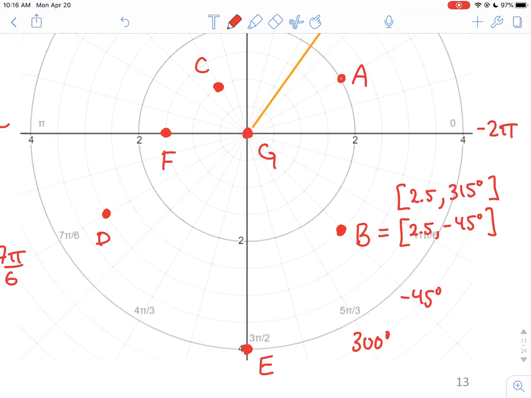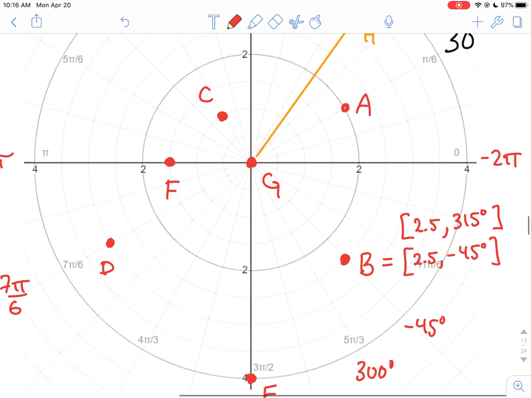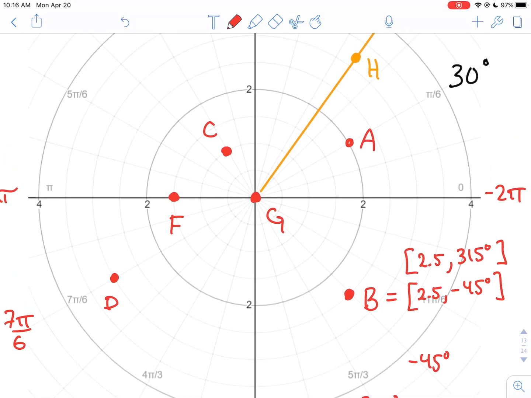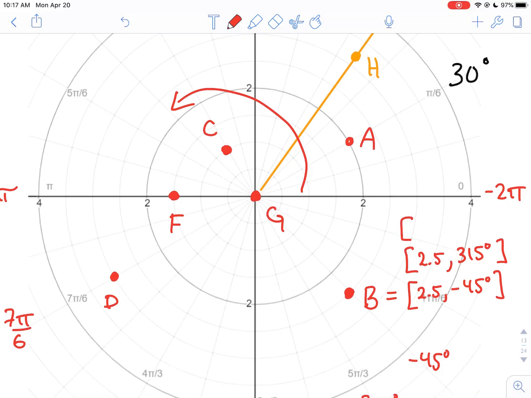Here's a different way to wind up in the same location. Or you can rotate 135 degrees, which would rotate us to right here, but then instead of going out 2.5, go out negative 2.5. So you could also say that point B is found by going negative 2.5 distance while pointing in the direction of 135 degrees.